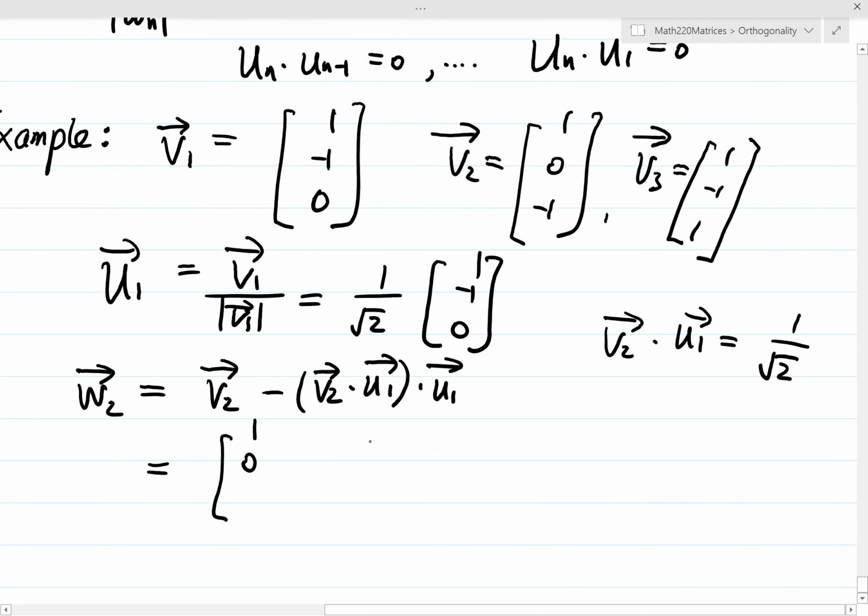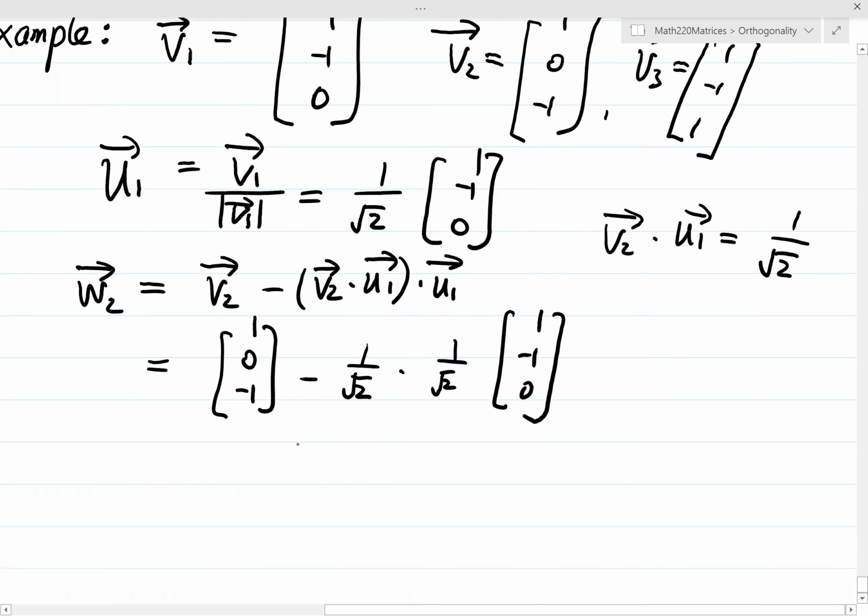Subtract the dot product, which is 1 over root 2, times U1, which is 1 over root 2, 1, negative 1, 0. Work this out by algebra, and you get 1/2, 1/2, negative 1.